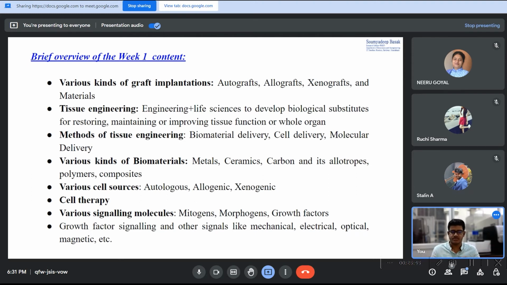Various cell sources like autologous, allogeneic. Cell therapy, and various cell signaling molecules: what signaling is, what kinds of signaling molecules we use, how growth factors work, and the various kinds of growth factors.